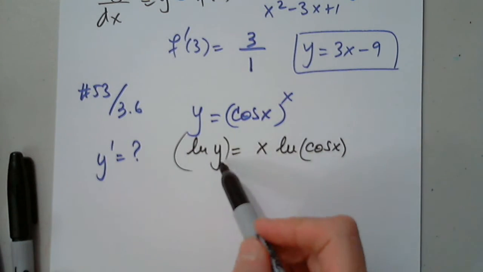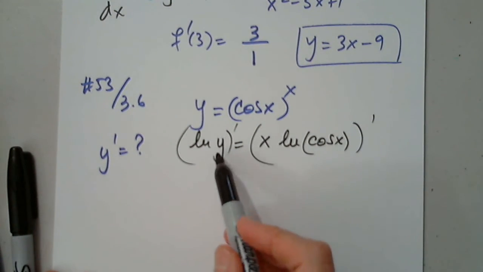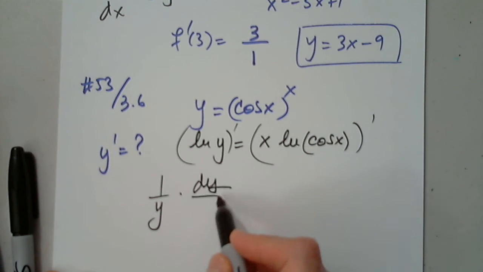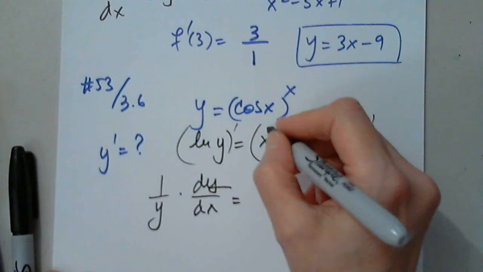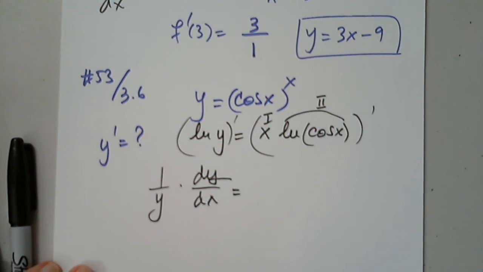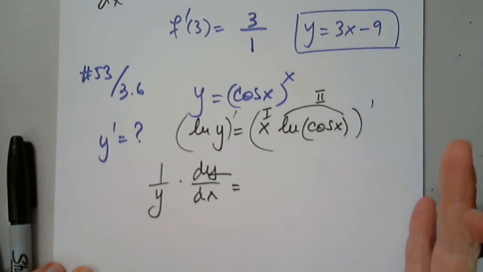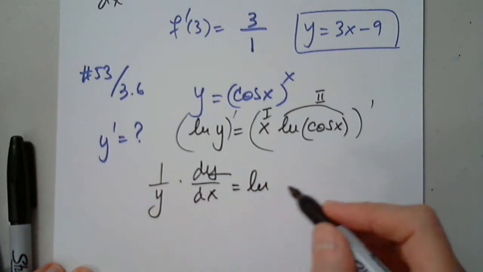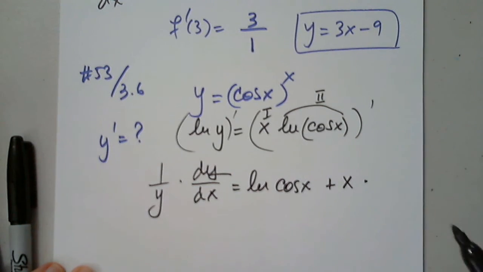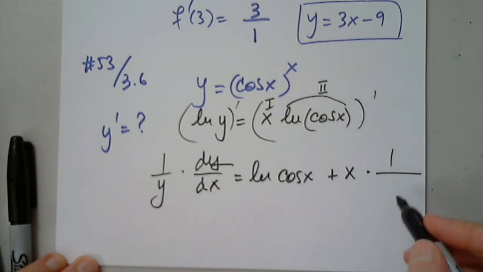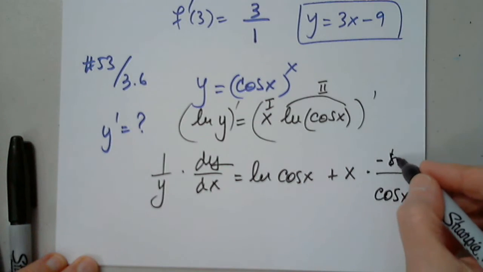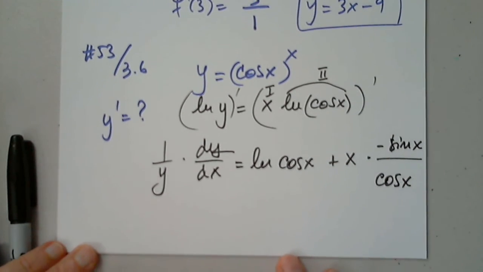Good. And now we differentiate both sides. This, as you just told me, is 1 over y times dy over dx. Here we have to be very careful because it's a product. Function 1 prime is 1, so natural log of cosine x plus x times 1 over cosine x times cosine x prime, which is negative sine x.